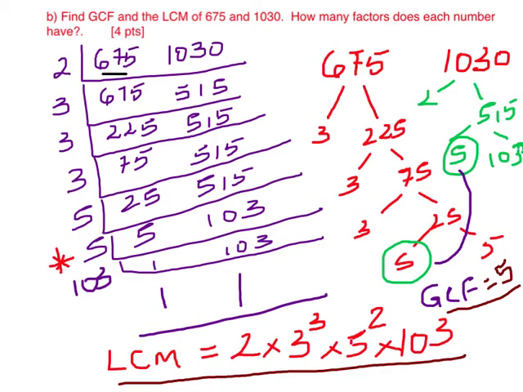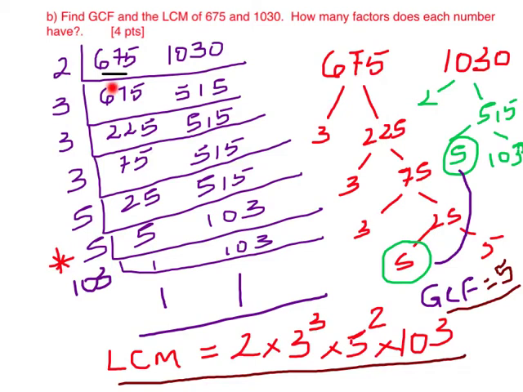Now we have to begin with the lowest factor, which is 2. So 2 does not go into 675, we can see because of that 5, but it goes into 1030, and we get 515.